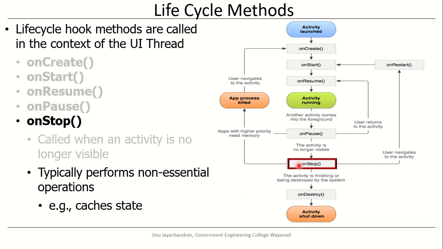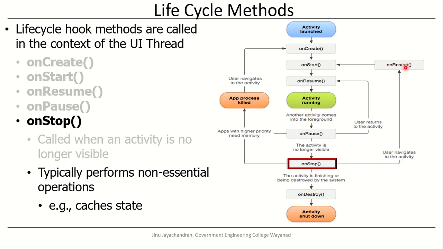Now in the stop state, when another app with higher priority needs memory, the current app may be killed, and when the user presses the application icon again, it will go to the onCreate state. Similarly, once the application goes into the background, the user can still scroll and bring the application to the foreground.